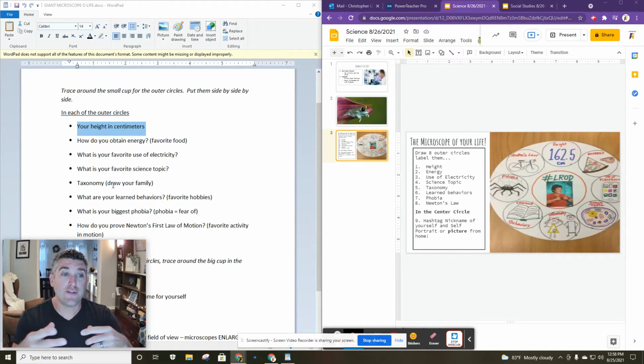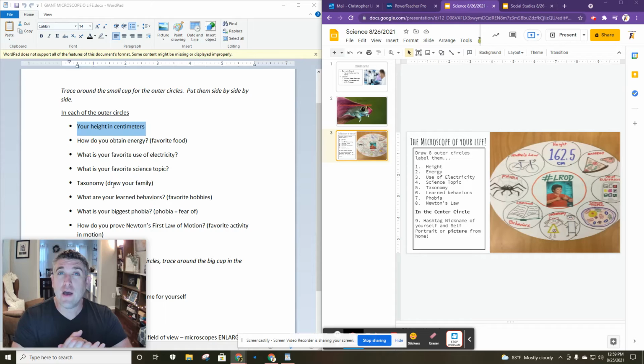It can be your close friends as well. What are your learned behaviors? These are favorite hobbies. So these are hobbies that you like to do. Maybe it's biking, maybe it's video gaming, maybe it's soccer or playing baseball or doing hair or whatever it is you like to do for your hobbies.